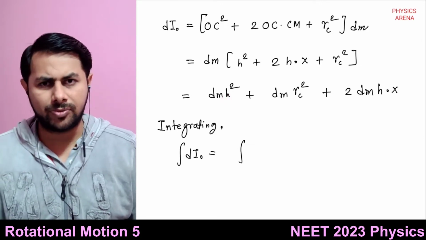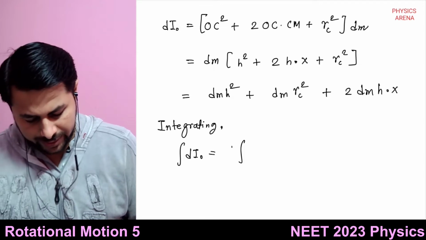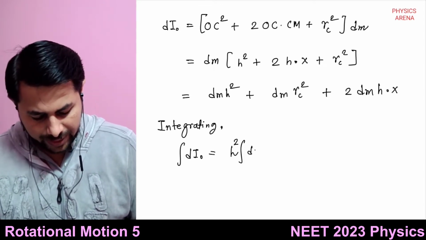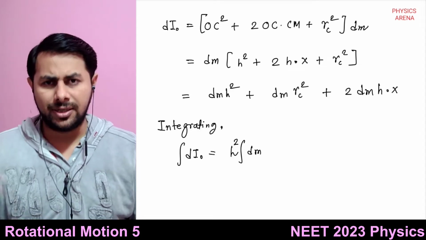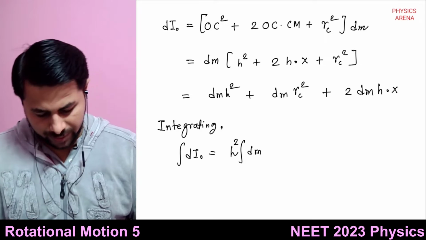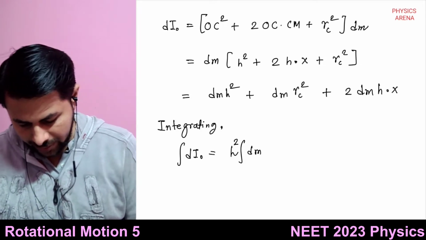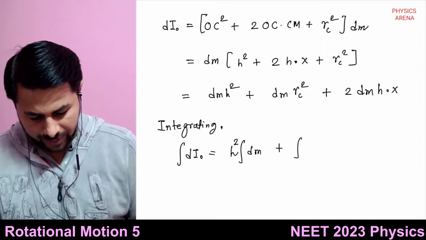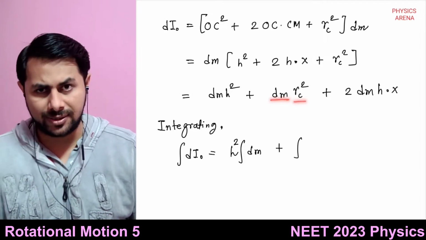So integrating, I get integration of dIO is equal to integration of, now h is constant. h is the distance between two axes, and it is constant. So I will take h outside. h squared times integration of dm. What is integration of dm? It is the total mass of the body, right? Then you have plus integration of dm multiplied by RC squared.